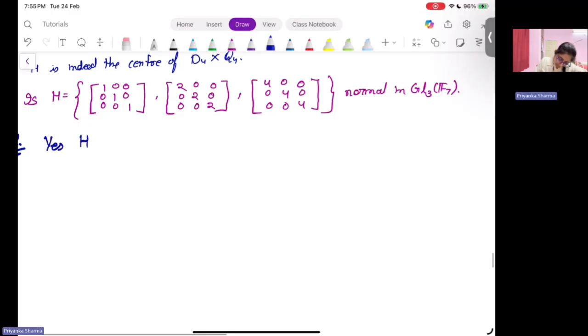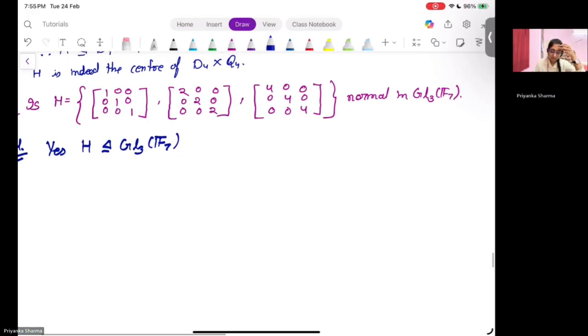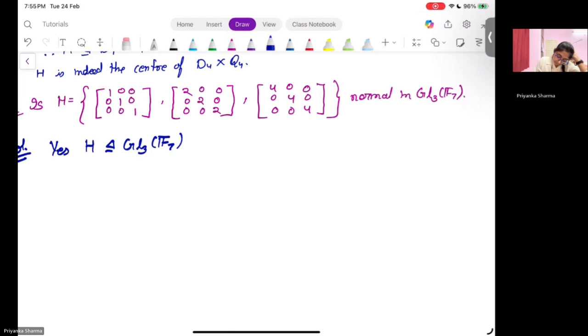So yes, H is a normal subgroup of GL3F7. What will be the center of GL3F7? We have already discussed it, and H is a part of this.